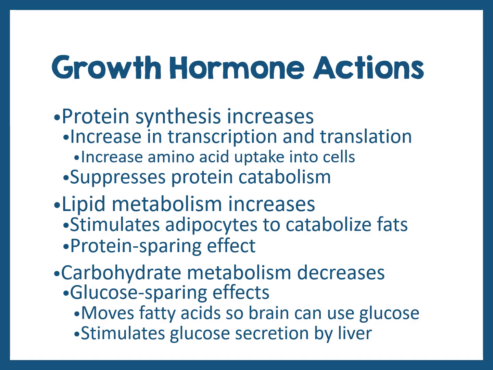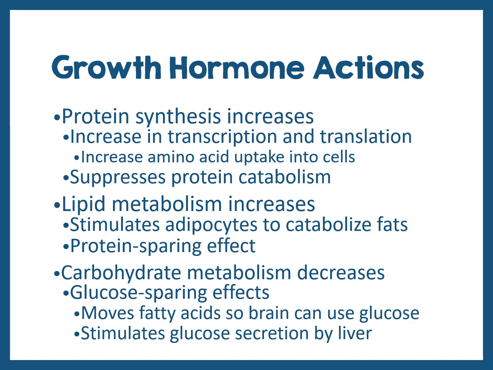And we'll see the same kind of effect in carbohydrates because the brain can only have glucose and something called a ketone body as a source of fuel. It's very, very picky. But your body tissues, they can use things like fatty acids. So we're going to save that glucose to be used by the brain in the glucose sparing effects. And fatty acids will get moved so body tissues can use the fatty acids and save the glucose for the brain.